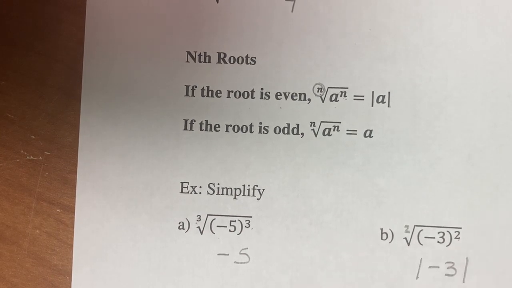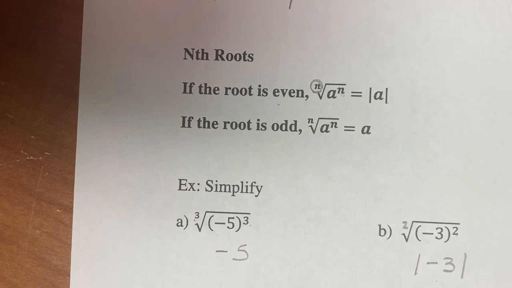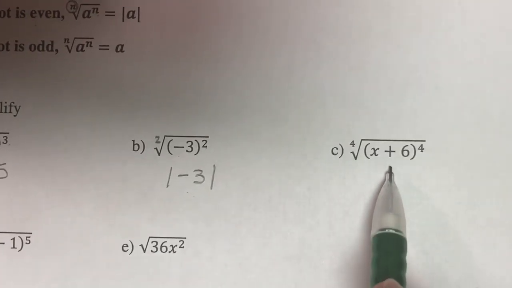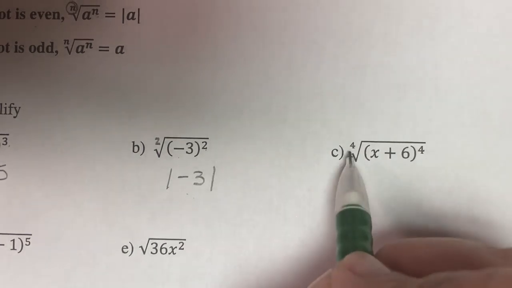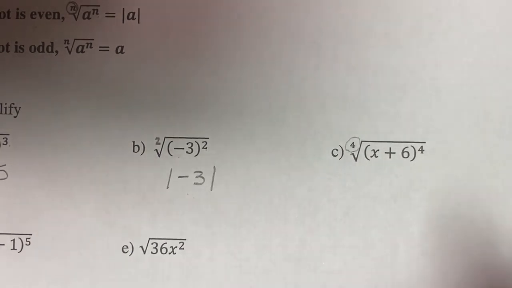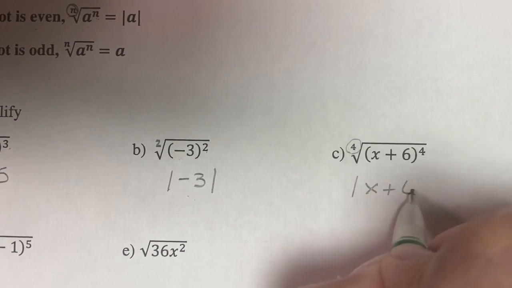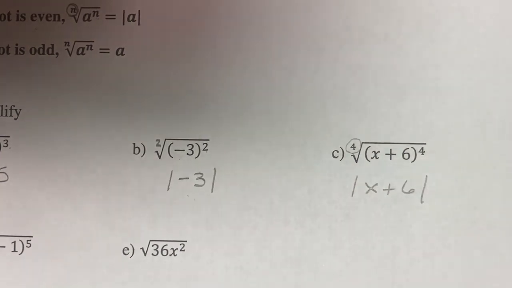And by the way, that should make sense because the absolute value of negative 3 is 3, and negative 3 squared is 9. If I have the 4th root of x plus 6 to the 4th, this is an even root, so we would go ahead and make that the absolute value of x plus 6.